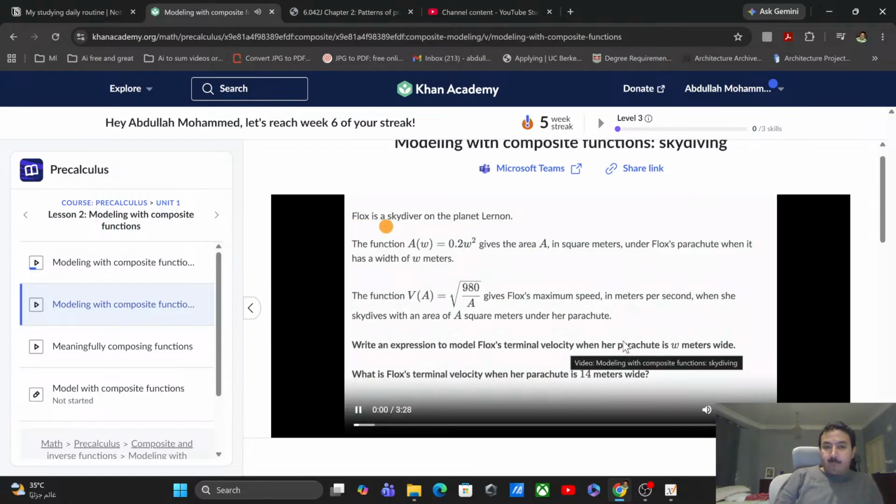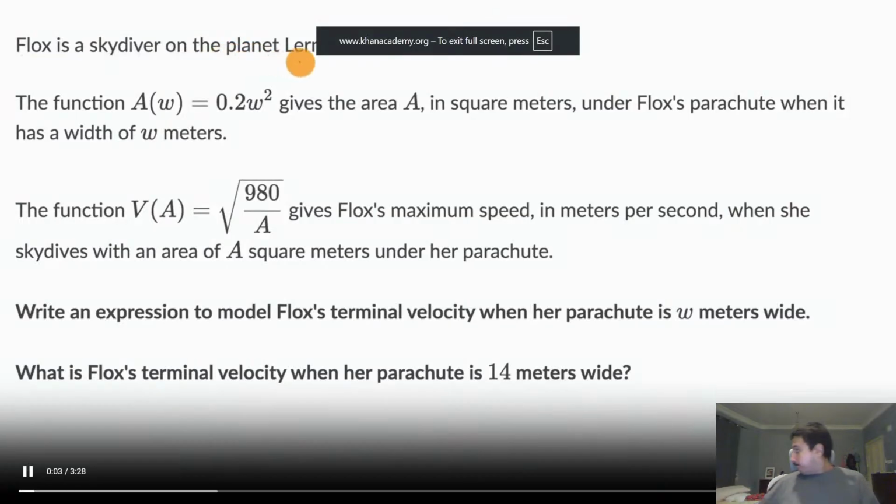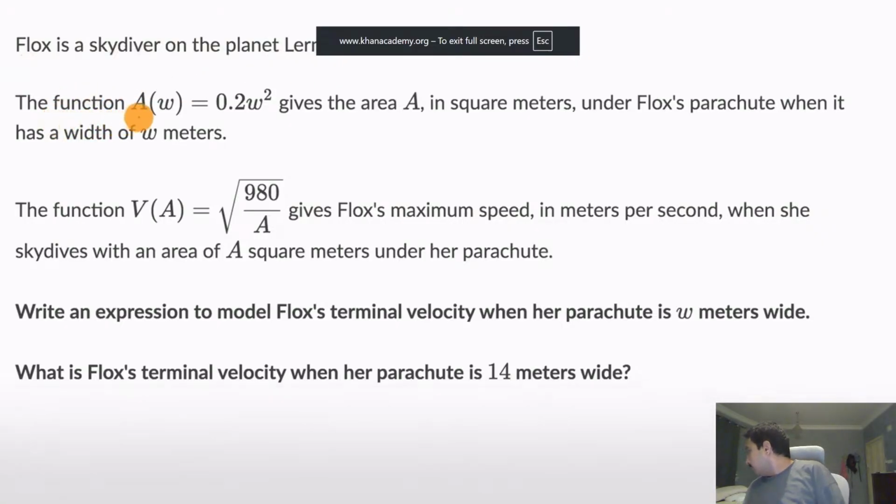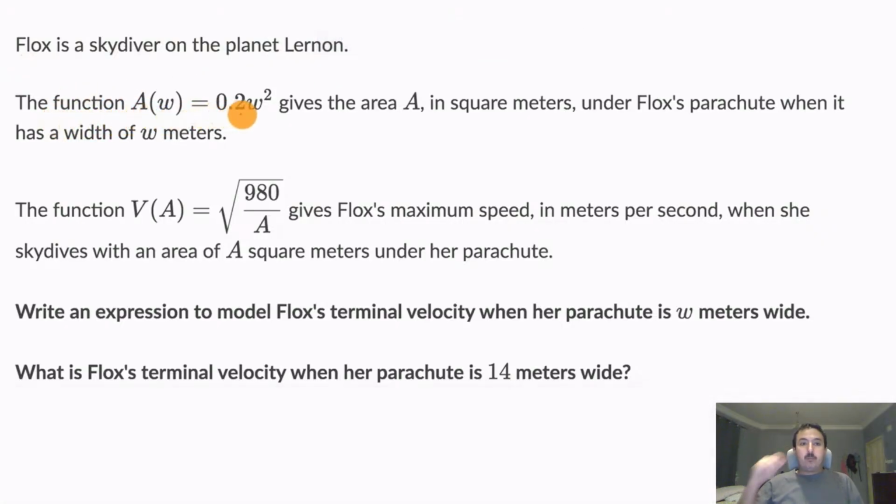We're told that Phlox is a skydiver on the planet Lernon. The function A of W is equal to 0.2 times W squared, and it gives the area A in square meters under Phlox's parachute when it has a width of W meters. That makes sense.